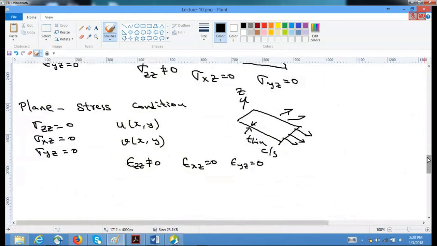Now let us consider a small piece, a small box, something like that. Let's say it is subjected to shear, it will have the shape of Kaju Katli, right? So it will have a shape of something like that if it is subjected to shear.